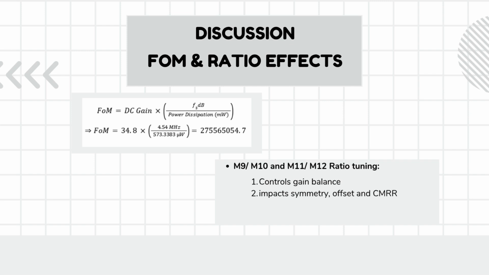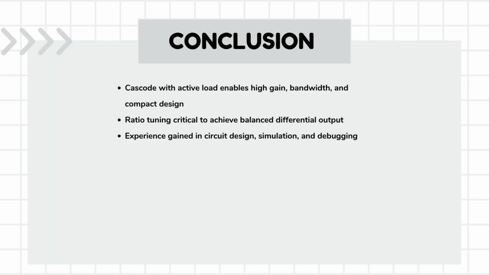Adjusting this ratio changes how current is split between VO positive and VO negative, which can create an intentional offset or asymmetry. A matched ratio gives balanced gain and high CMRR, while a mismatched ratio may degrade precision. The figure of merit calculated was 275.6 MHz per milliwatt, which reflects good efficiency.